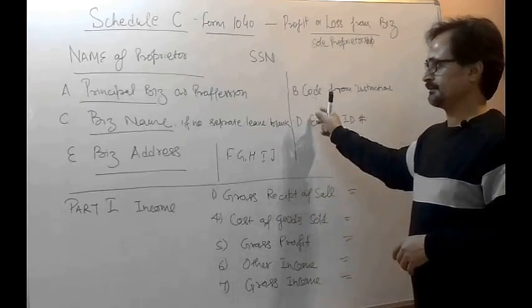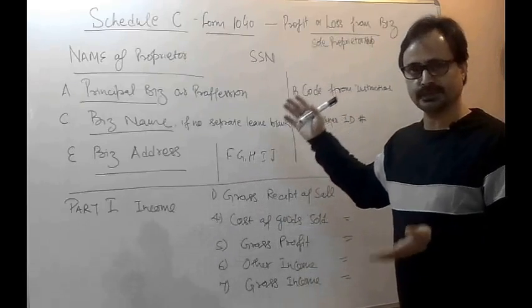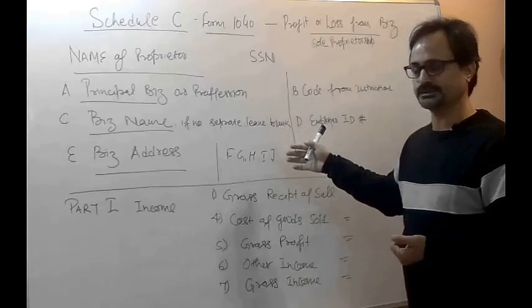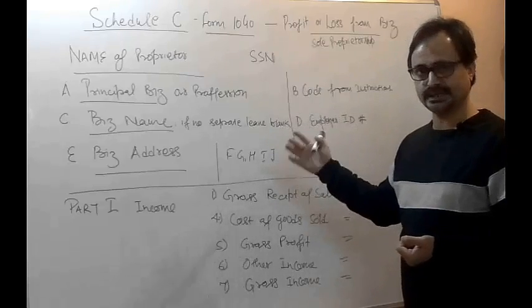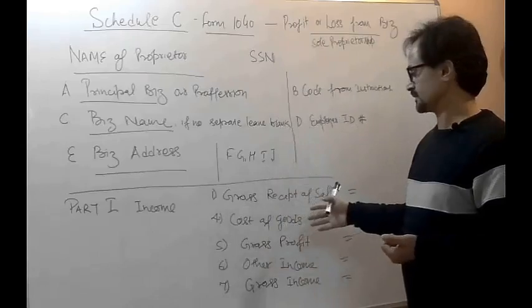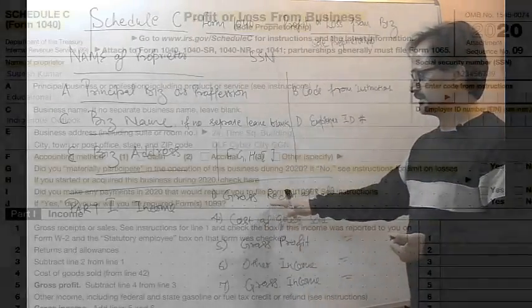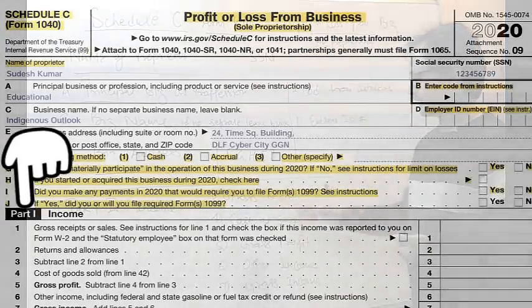So the header of this Schedule C is about the information of the business and the proprietor, or the owner. The second part, Part 1, is about income.